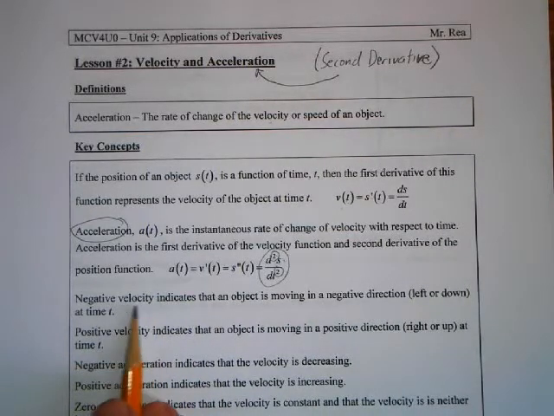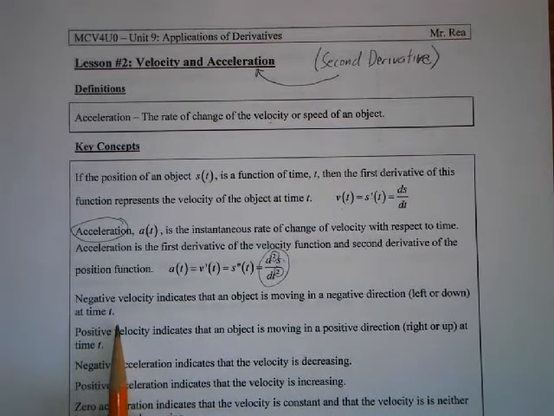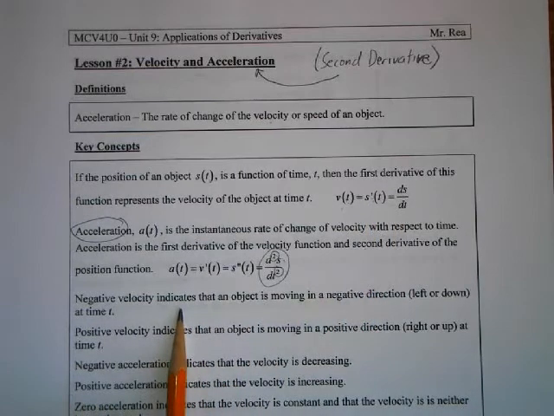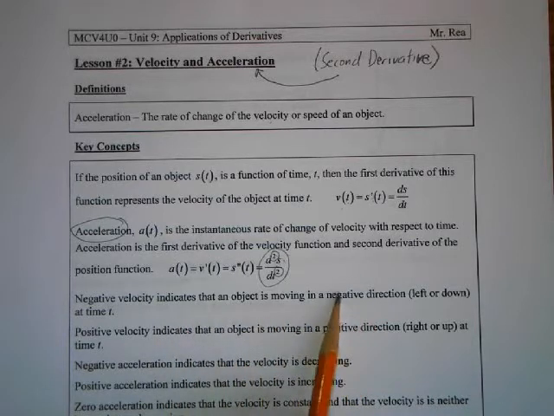Okay. Now, if we're looking at velocity, that's the first derivative of position, and negative velocity means you're moving in a negative direction. Depending on what you're measuring, it could be a height, it could be a horizontal distance.